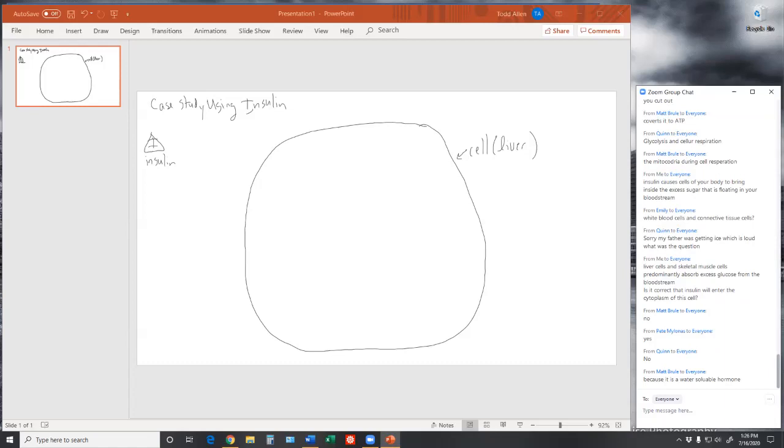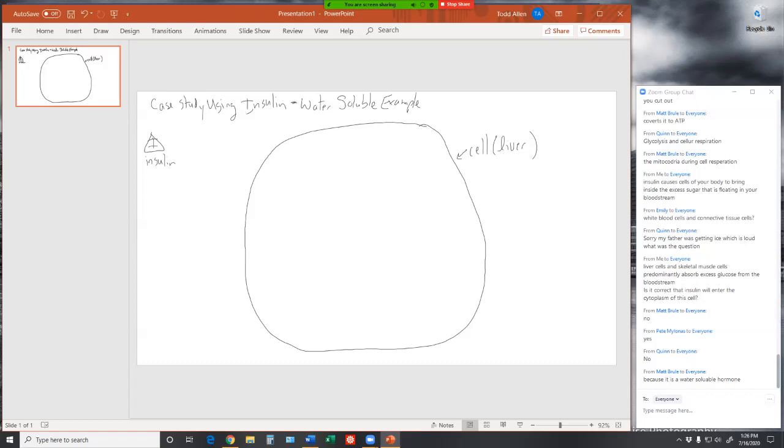That will not happen. So what has to happen in the case of insulin, which is our water soluble example here, is that insulin will approach the surface of the plasma membrane of the cell, and because it's water soluble, it will not enter the cell.